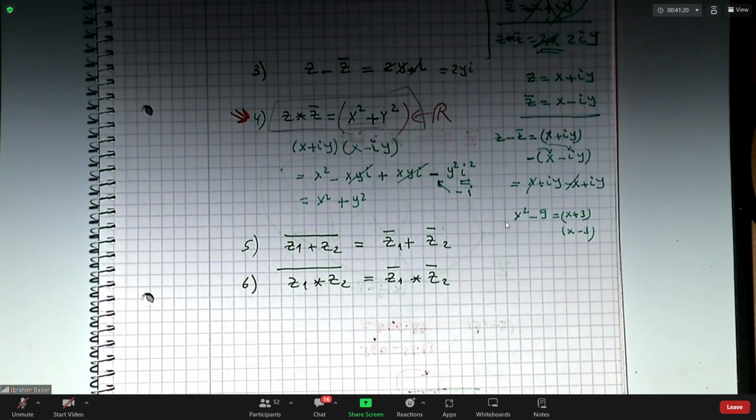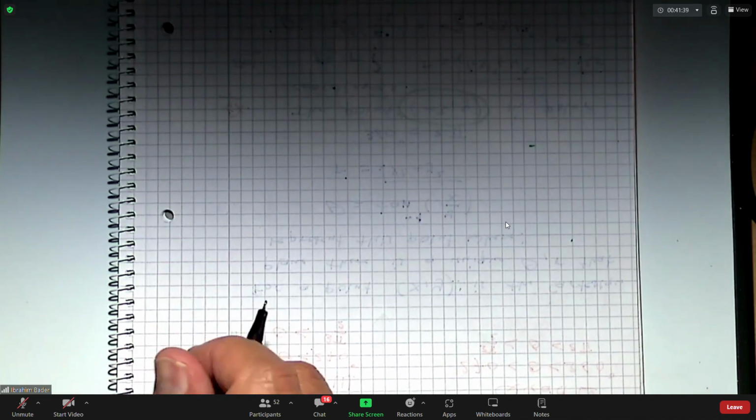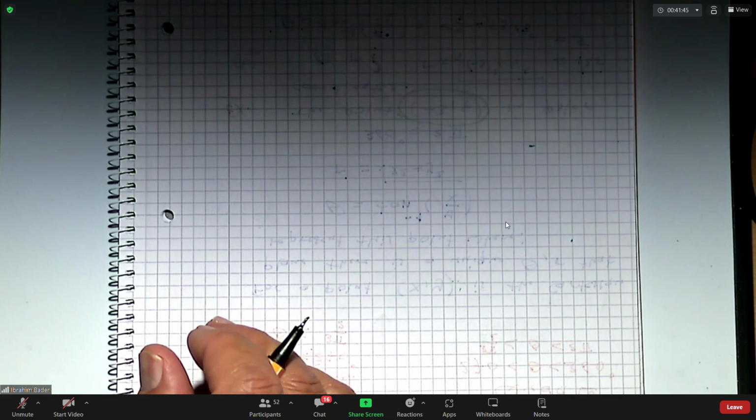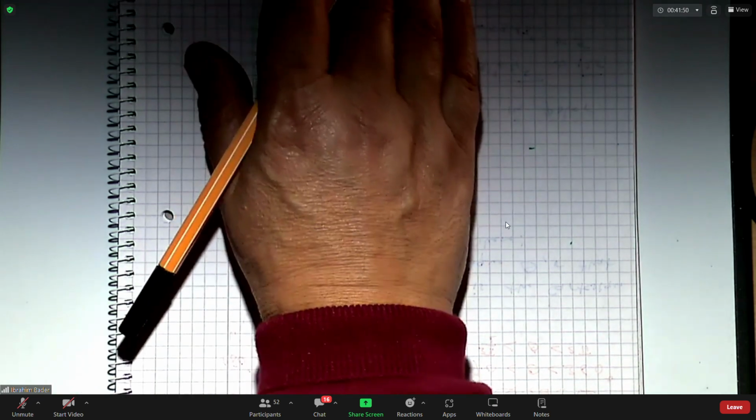Questions so far? Okay, now we turn to division. Division becomes a little bit more complicated. I will show you how to do it using the standard form. It becomes complicated when we do it entirely using the standard form, but if we use other forms, it is straightforward.